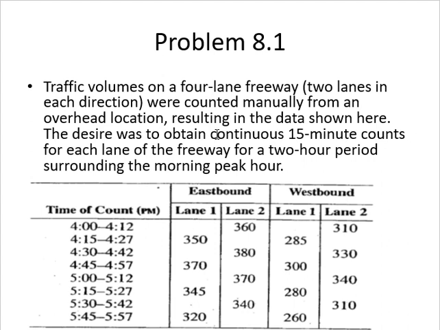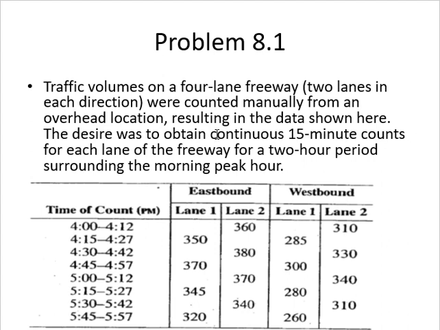So what did they do? They told the observer, okay, you count for 12 minutes in one lane. Then you take a 3-minute break. Then next count, next 12 minutes, other lane. So one observer is counting 2 lanes, but one at a time.